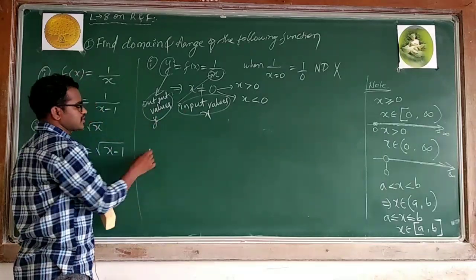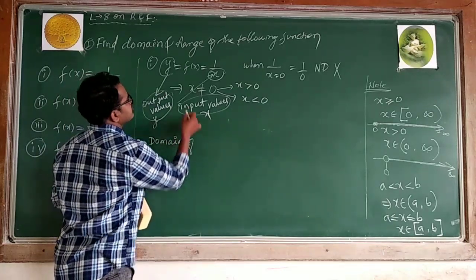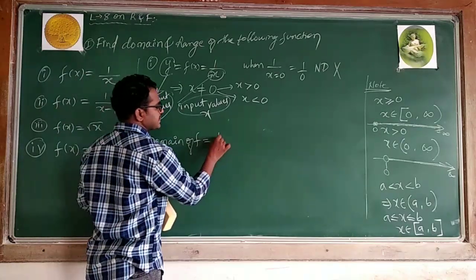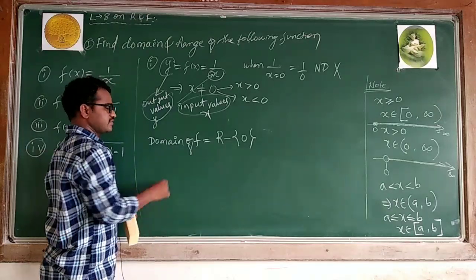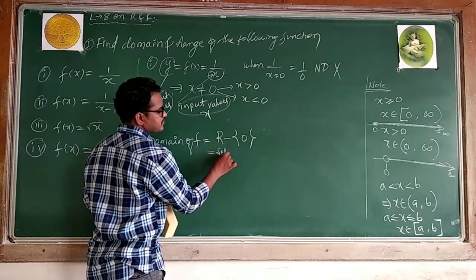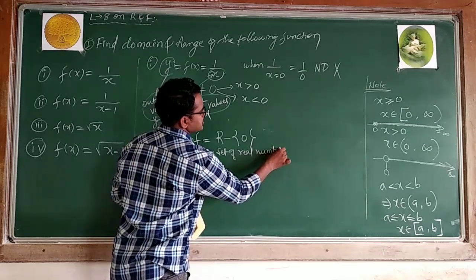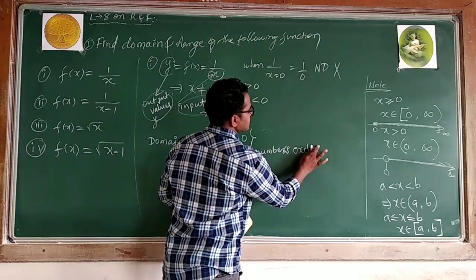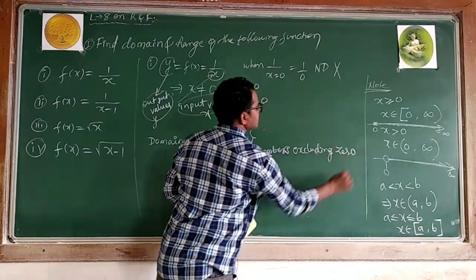Now I can say, what is the domain of this function? Domain of f is what? Domain of the given function is the set of real numbers excluding one number, 0.